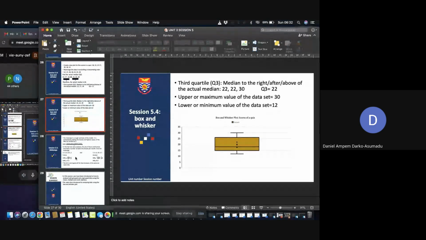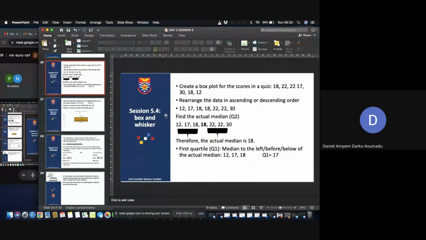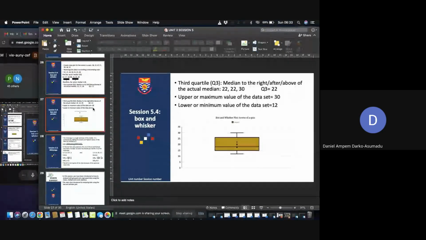The minimum value here is 12, and the maximum value is 30. So you have to draw it to scale so that it will fit. Now, once you have labeled, the minimum value is 12, which is the whisker.